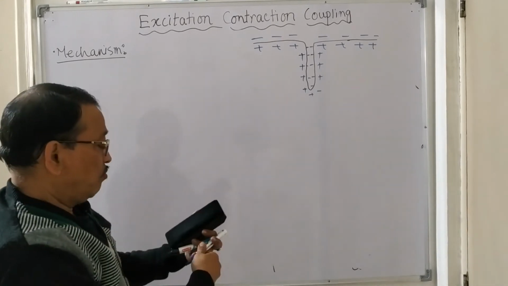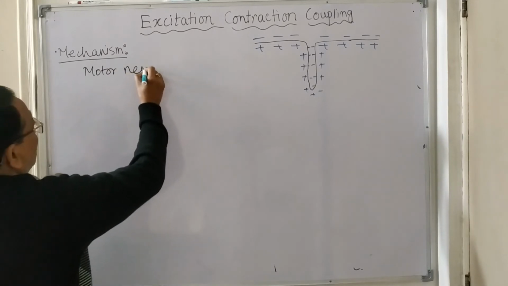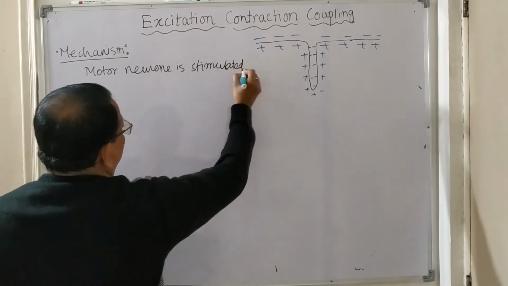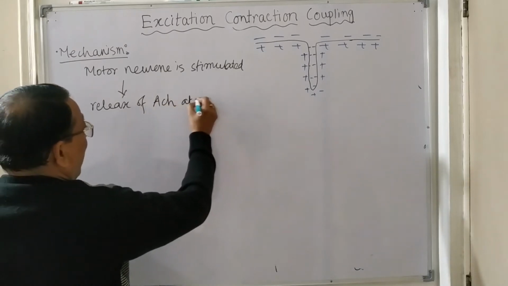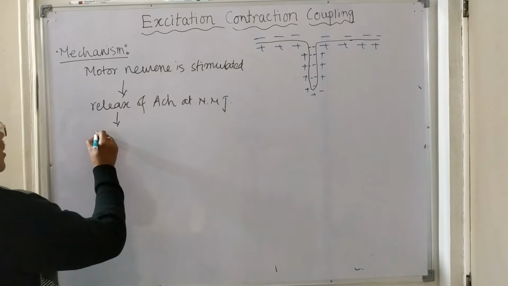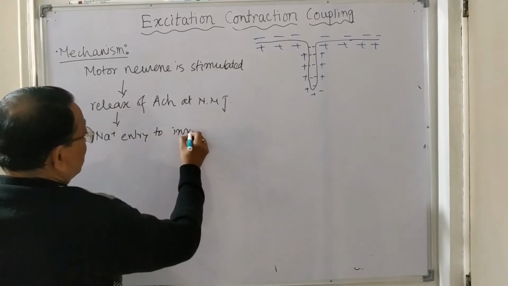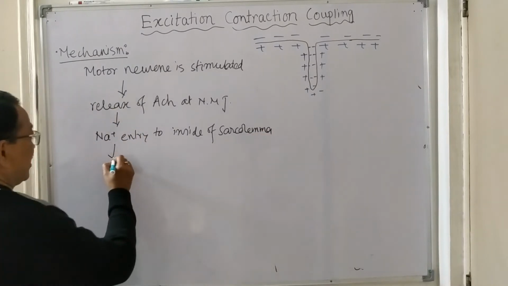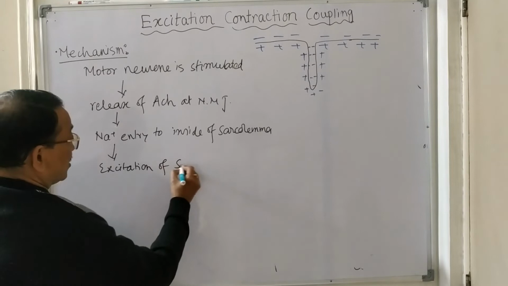That means once the motor neuron is stimulated, as I told, there is a release of acetylcholine at the neuromuscular junction, and this results in sodium entry inside the sarcolemma, and thereby there is a depolarization, or excitation, of the sarcolemma.